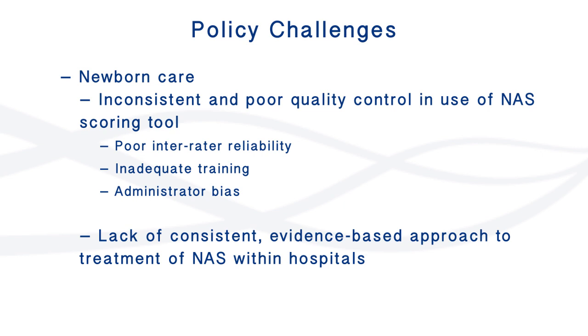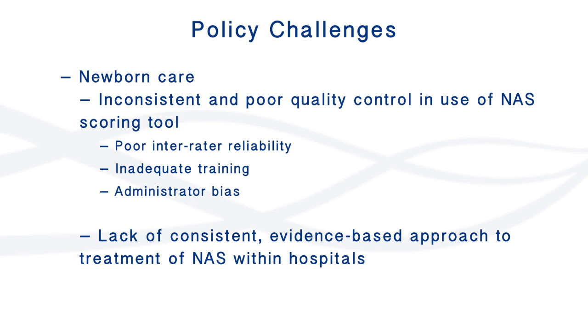Now, even when it's used only for babies exposed to opiates, if you go into a hospital, you'll find there's very little consistency across providers. It's usually nurses who are scoring neonatal abstinence in the newborns, and you find great variation from one shift to another. So as nurses change, the scores change.